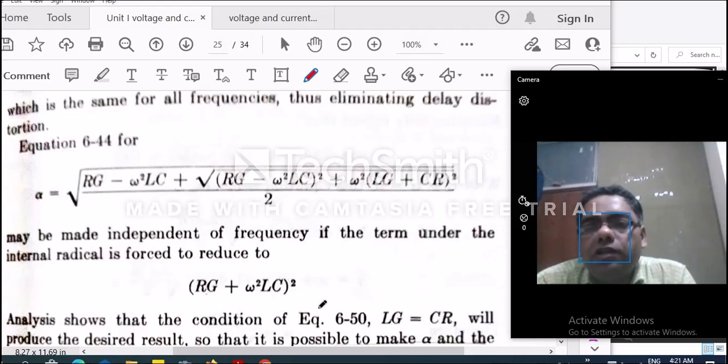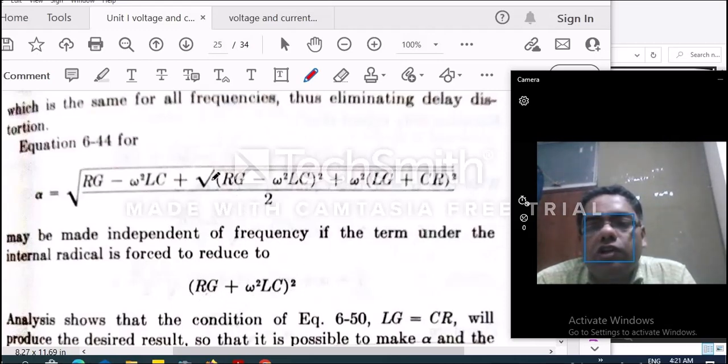This can be made independent of frequency if the term inside the second square root, Rg minus omega square Lc whole square plus this term, becomes equal to Rg plus omega square Lc square.